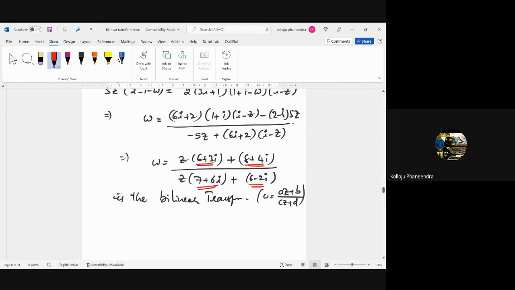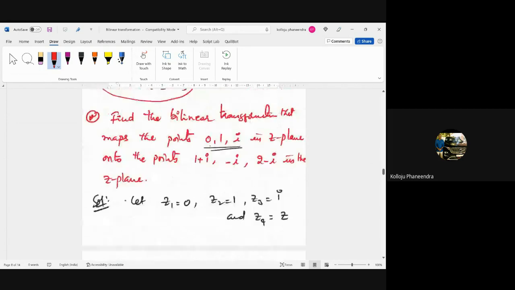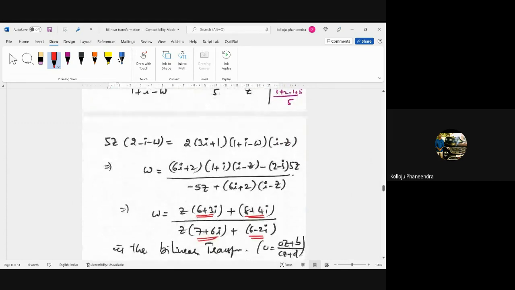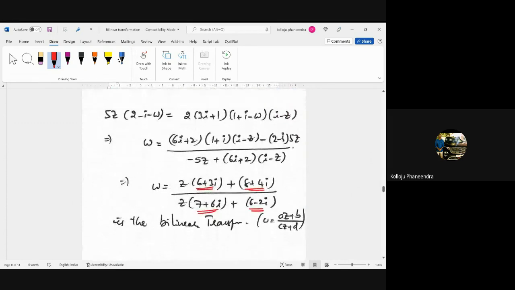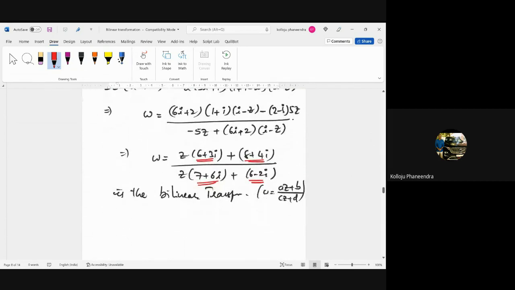Let me check, some more problems are there. Okay, I will stop here. This is about bilinear transformation, an important topic. Remember the cross ratio principle and solve it. And actually, if the procedure is big, this cross multiplication, one can use the componendo and dividendo rule. I will apply that and solve two more problems for you. Okay, I will post it.